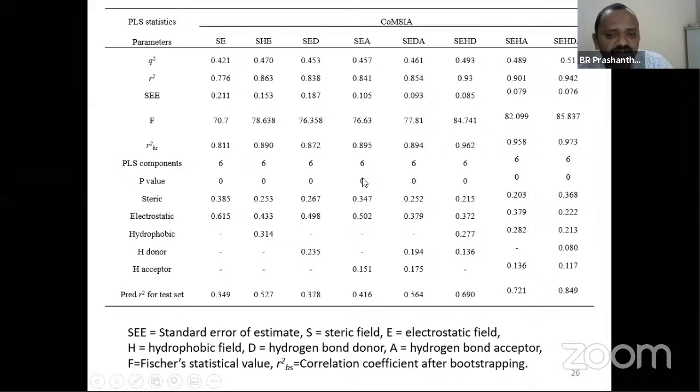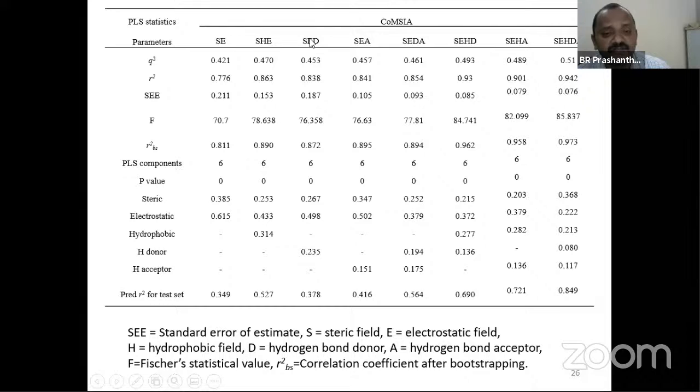Okay, so next, this cross-validated Q square can also be done by the leave one out method. Usually it will be done like this. In this case, it is done by the leave one out method.